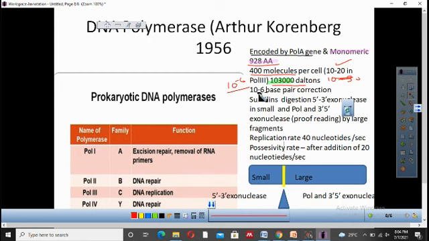So one wrong base pair can be corrected after 10 to the power 6 base pair additions.